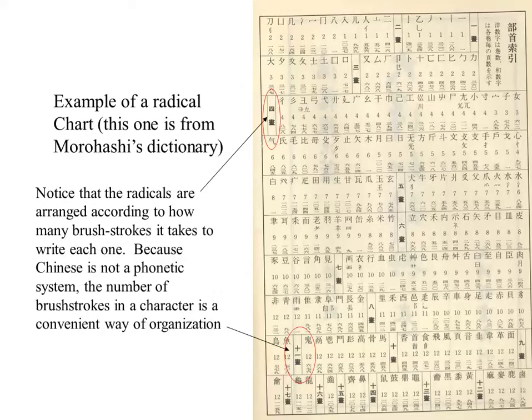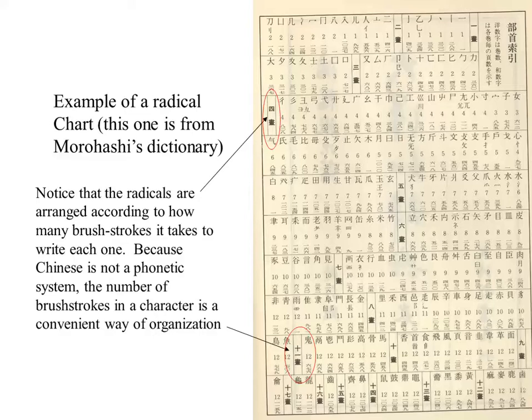So let's start here. On the right-hand side of the slide, I have a chart of the 214 radicals. This particular chart comes from the Daikan Majiten, also known as Murahashi's dictionary, which we're going to get to later in the course. Your chart in Nelson's is going to look a little bit different than this, but the 214 radicals are the same, okay?